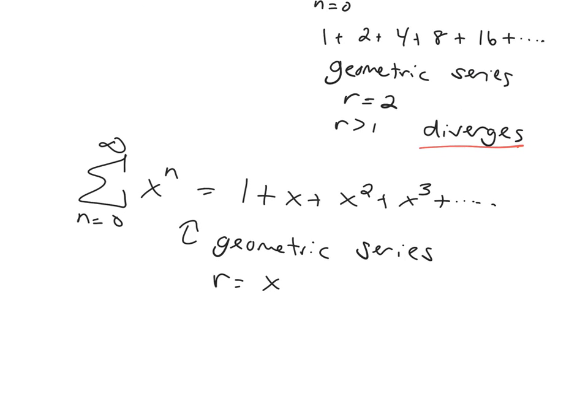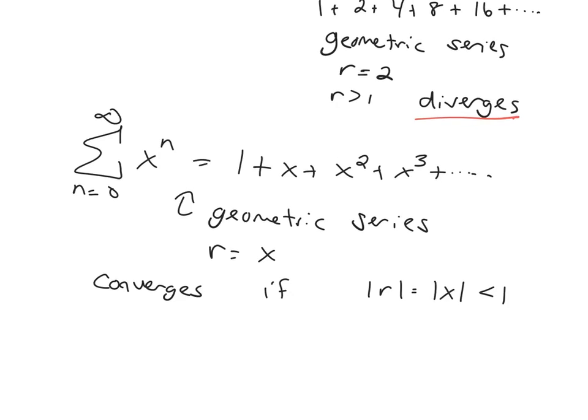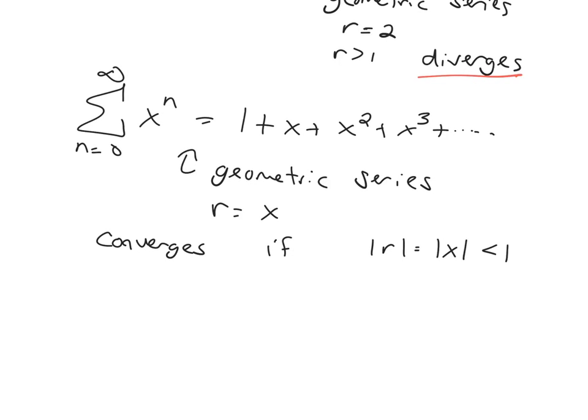So I know exactly when a geometric series converges. This series converges if the absolute value of r, which is now the absolute value of x, is less than 1. So it converges if x is between -1 and 1.